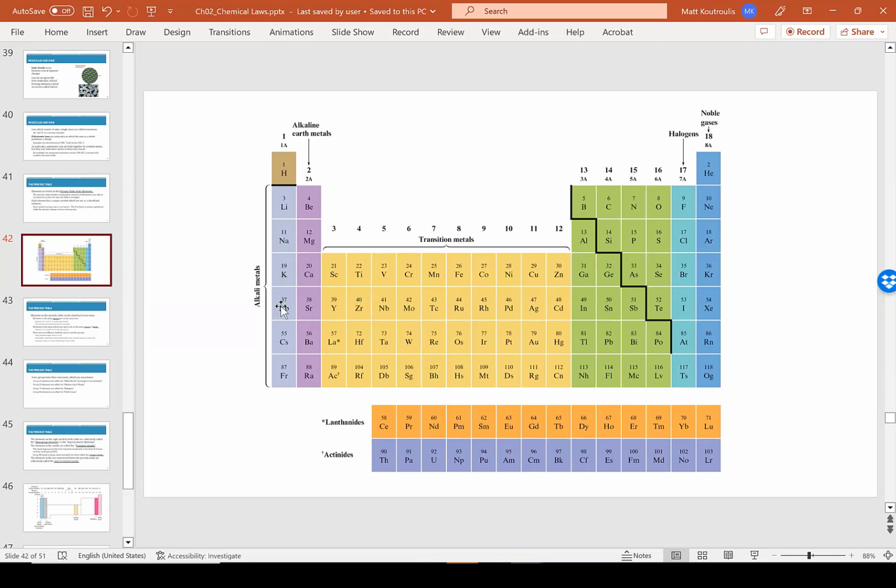Can anyone name a chemical property that these all share in terms of reactivity? They all are what? Anyone know? Extremely reactive towards, for example, water, okay? If you put these in water, they will immediately react and produce hydrogen gas.